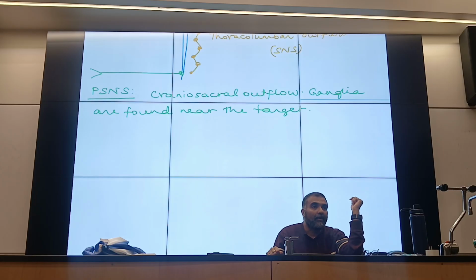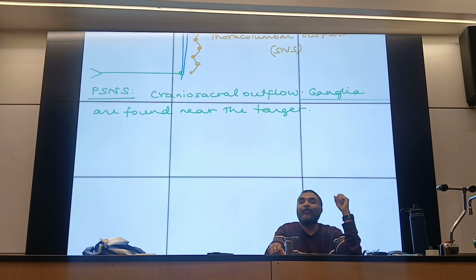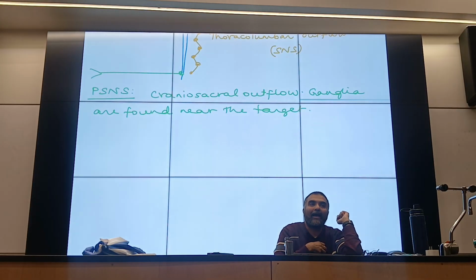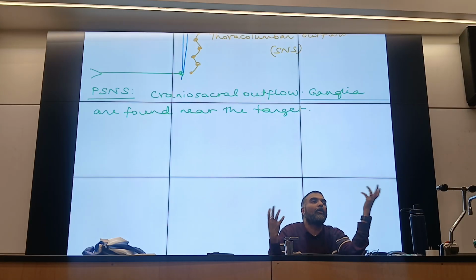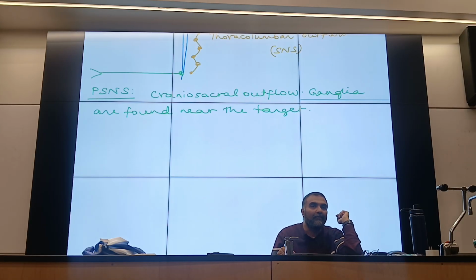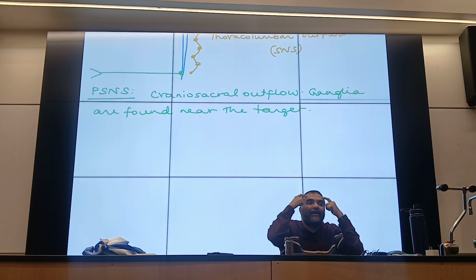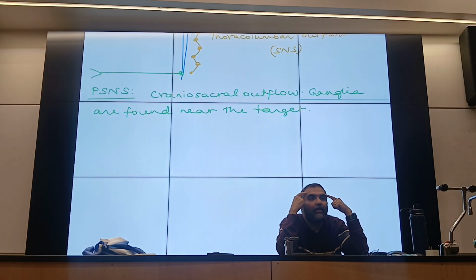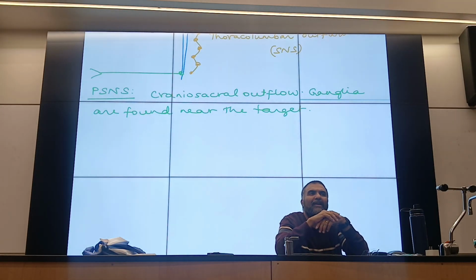Make sense? So what is my point? I know I had a point. I'm asking myself, what is my point? Okay, the point I'm trying to make is that this cannot happen if the ganglia are away from the target organ. Am I making sense? And plus, you need a recognition concept to this, right? So why would you want parasympathetic in the sacral area?